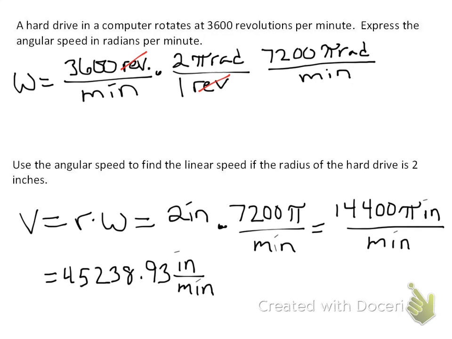Why is this answer so much bigger than our last answer? Well, because we're going around faster. In our last question, we only went around the circle 4 times per minute. Now we're going around the circle 3,600 times per minute. So we're moving at a faster rate of speed. So think about driving in a car. If you have 2 cars right next to each other, one drives slow, one drives fast, the faster car is gonna get further at the end of a minute.